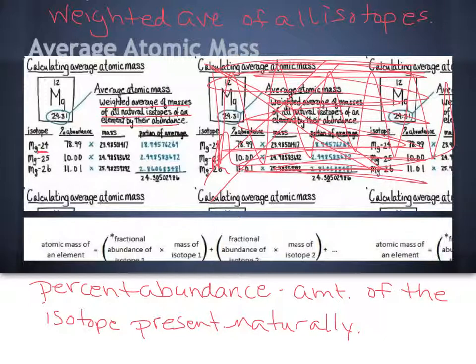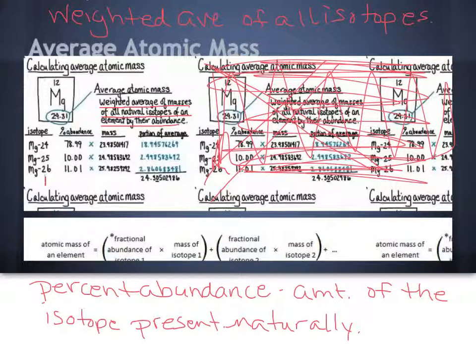Magnesium 24, that means it has 24 protons. Magnesium 25, I'm sorry, I shouldn't have said protons. Let's back up. Magnesium 24 means it has 24 neutrons. Back up one more time.